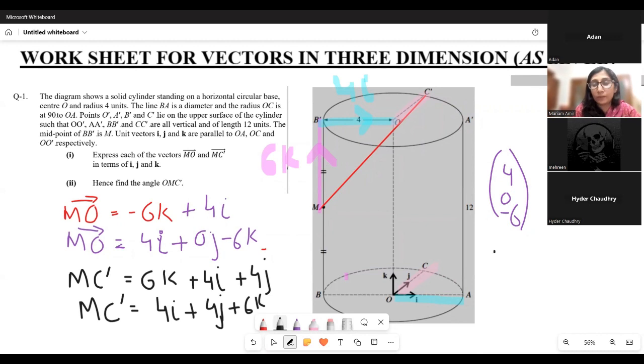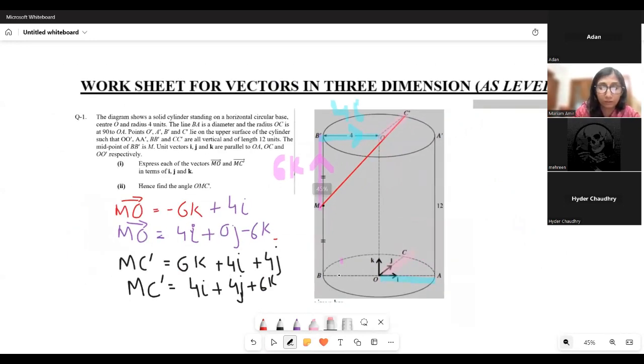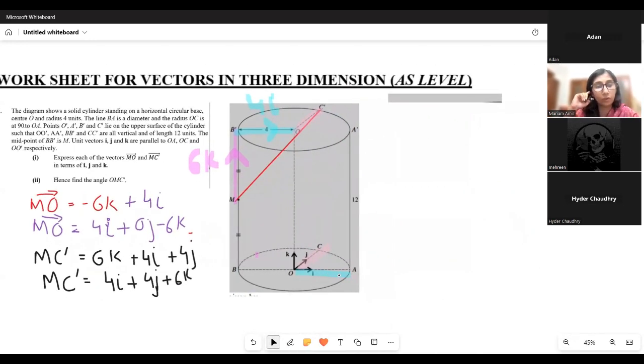And if it weren't specified to write in IJK form, then you could have written 4, 4 and 6 in the form of a column vector. Okay, so we have MO, we have MC dash. It says, hence find the angle OMC dash. Angle OMC dash: O can be written here, M here, C dash here.